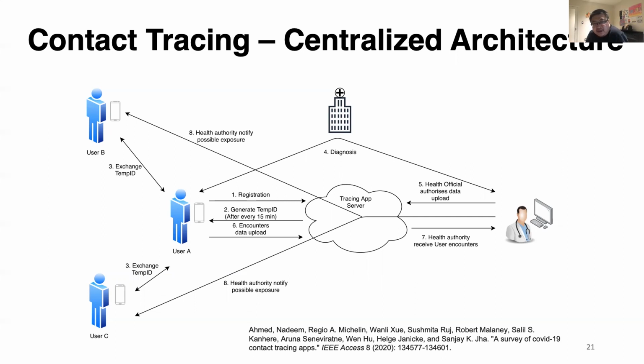Devices exchange these temporary IDs in terms of Bluetooth encounter messages when they come in close contact with each other. So once the user tests positive, they can volunteer to upload all their stored encounter messages to the central server. The server maps the temporary IDs in these messages to individuals to identify at-risk contacts.